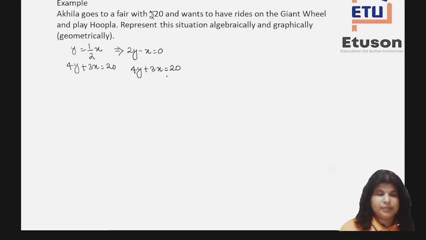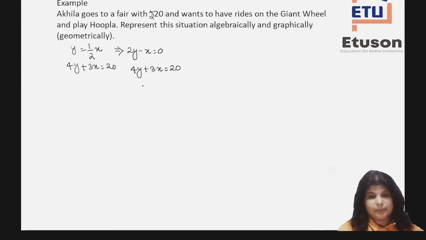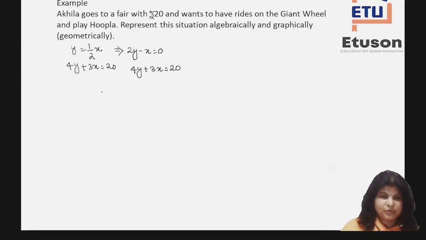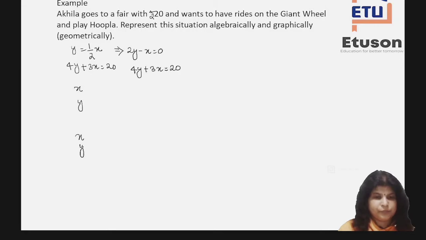To plot this graph you need some points, right? So you have to take different values for your two equations. Suppose in the first case I take x equal to 0, then your y also will be equal to 0.